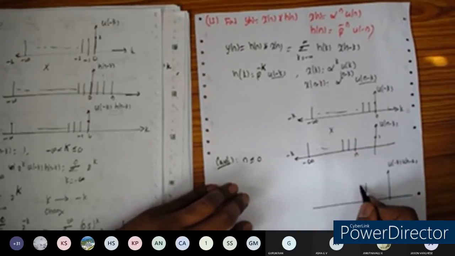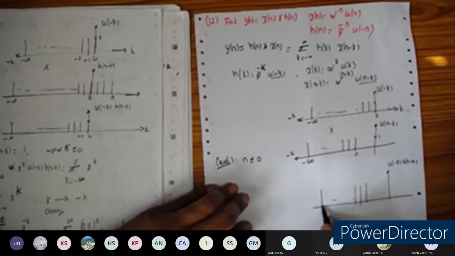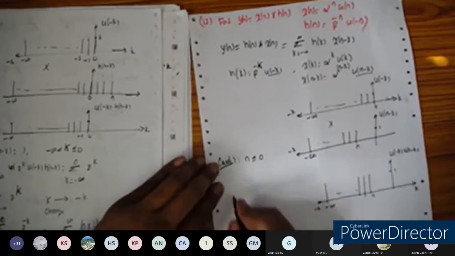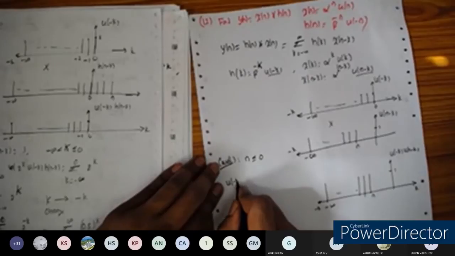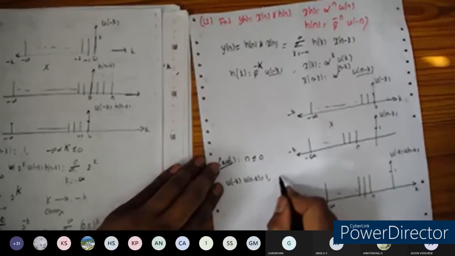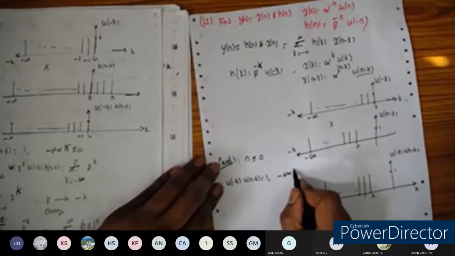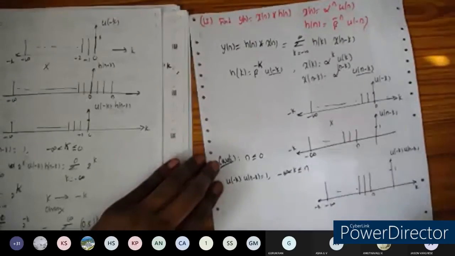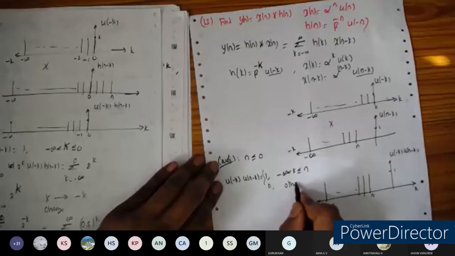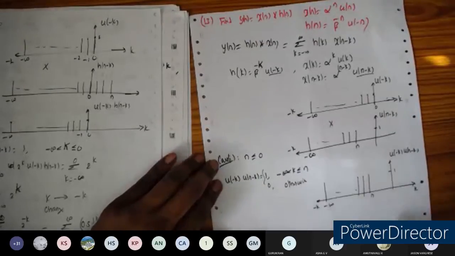So this is k and this is minus k. The product will be equal to 1. So u of minus k into u of n minus k will become equal to 1 for minus infinity less than k less than or equal to n, and 0 otherwise.